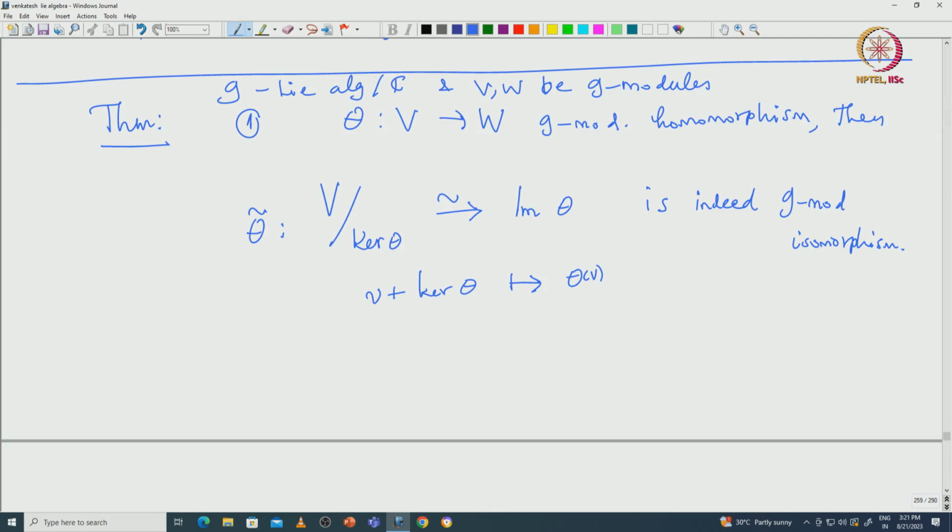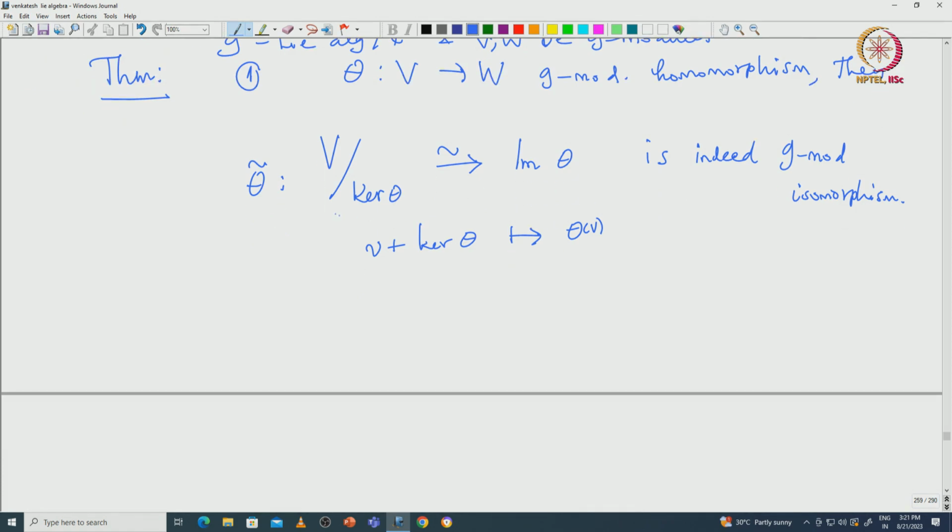So, the only thing that needs to be checked is this: there are two modules given. This is the factor module V modulo kernel theta, and on the right side we have image theta. So, this theta tilde which we have defined, we need to check it is a G module map.